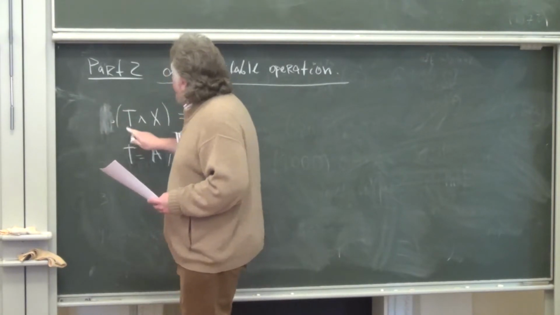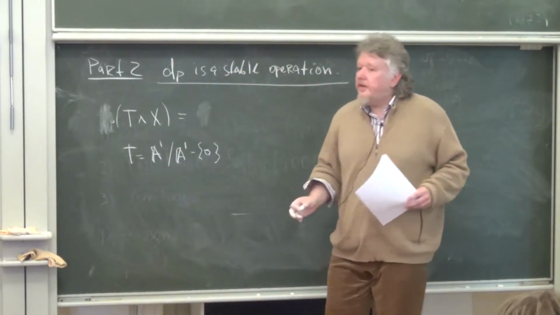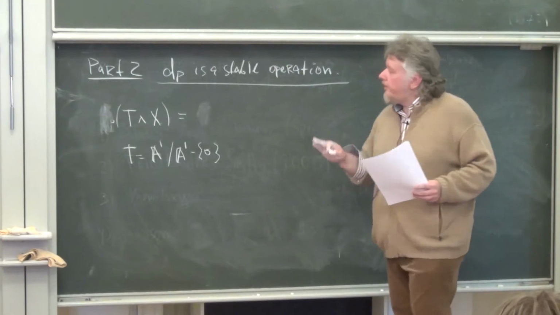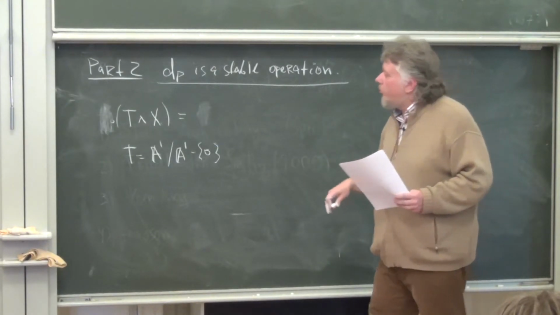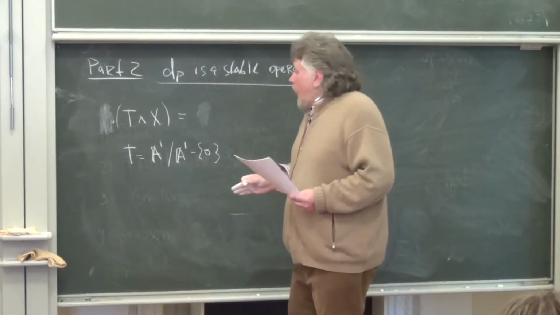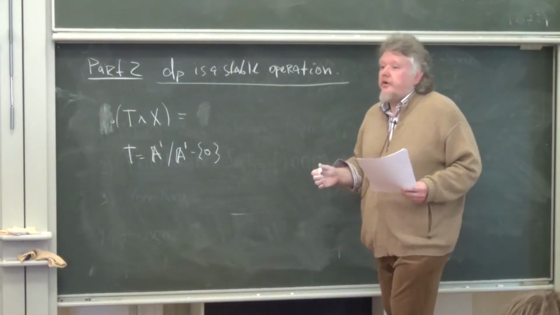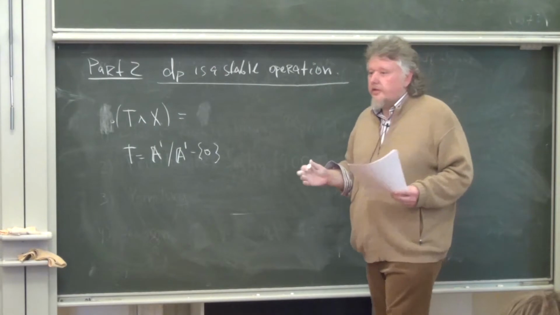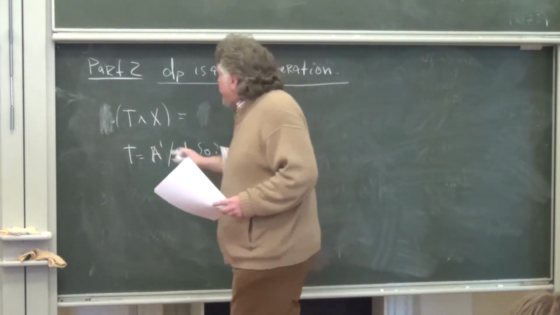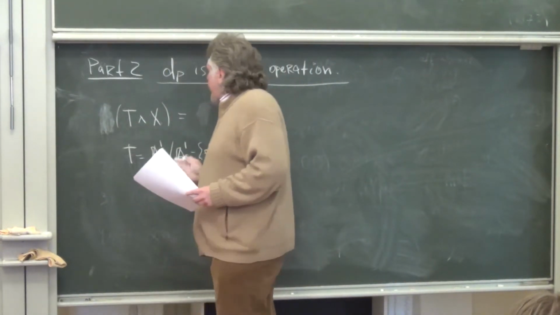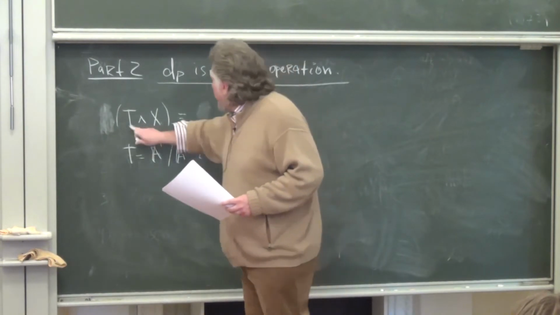So when we apply dp to T smash X, we get nothing more than the suspension isomorphism of X. Certainly, T smash X is no longer a smooth variety. It's some sort of a space. But we can just overcome this problem.